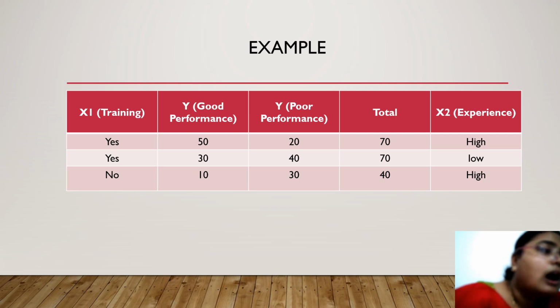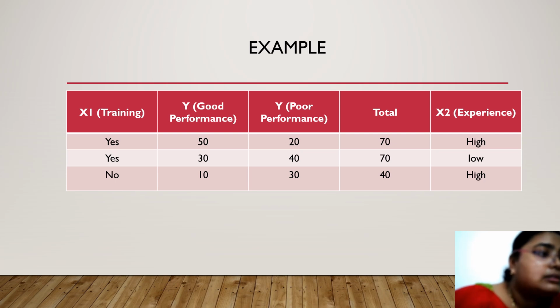Now, how is this third variable affecting both x1 and y, that is, the first two variables? In this example, we can see that x1 is the training column, which says whether the training is happening or not. For the first row, the training is happening. How many students are performing good, that is the y variable?